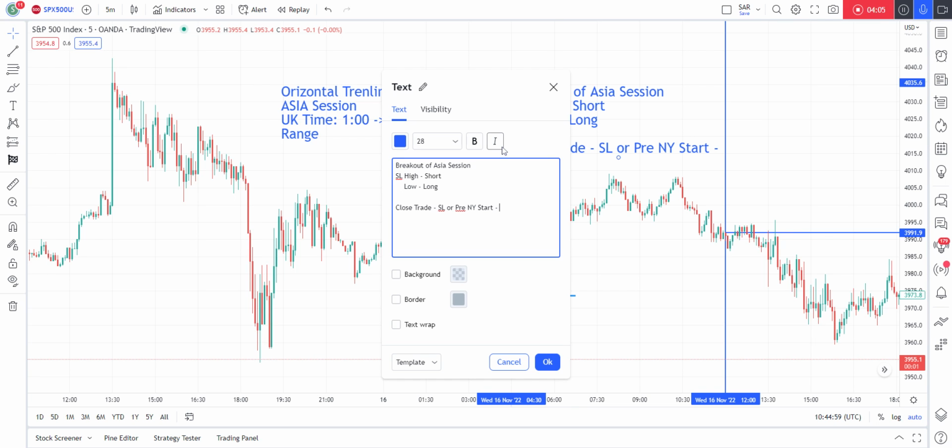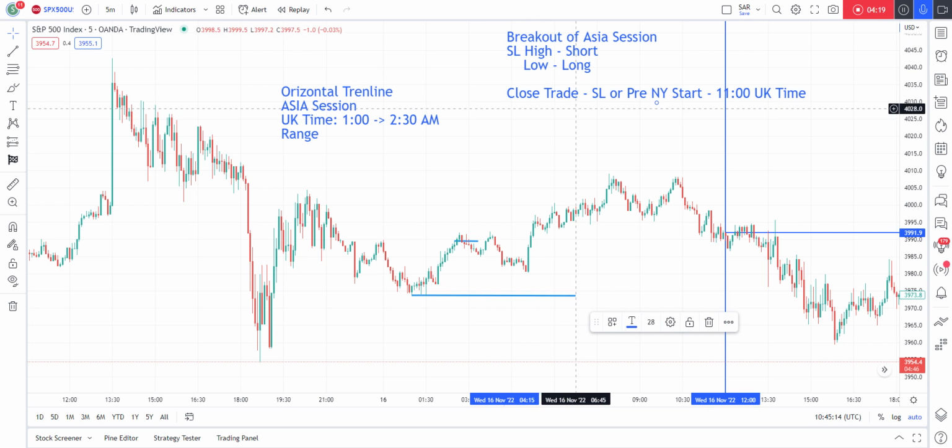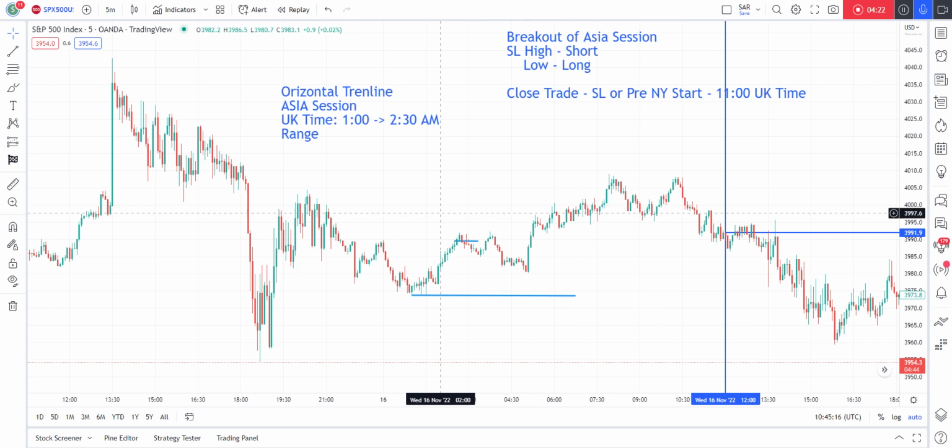So the best way to work is to put 11 a.m. London time as the closing of the trade. So you either get stopped out or close at the New York time. Okay, so let's look at a couple of examples.